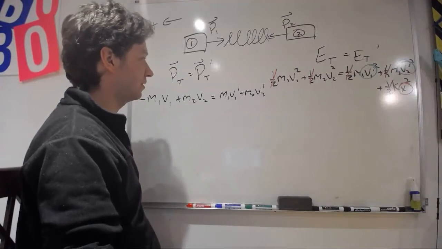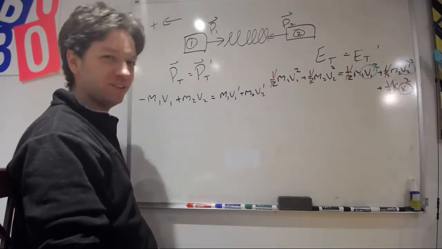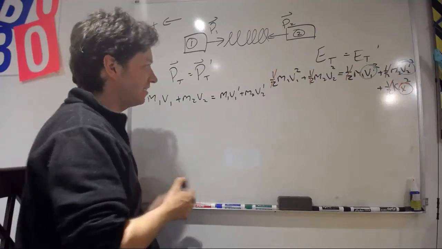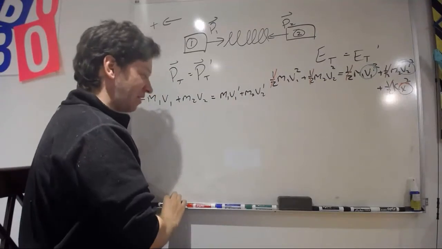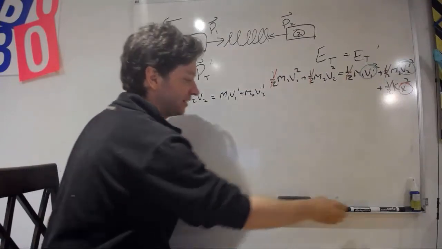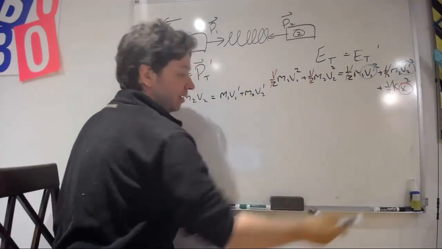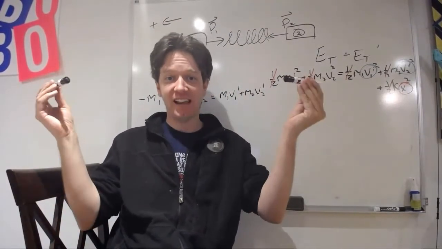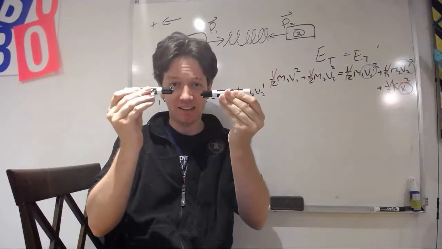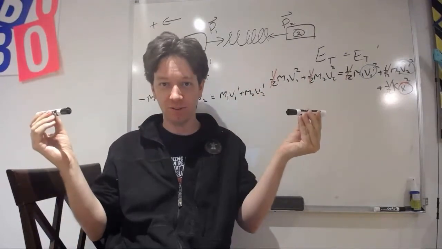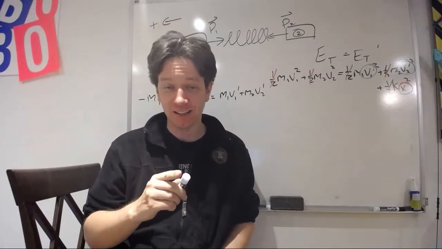What direction are they moving in? I don't know yet. Let's think about what's actually happening. And these are two unknowns. How can I solve one equation for two unknowns? So we need to think a little bit deeper about this. Now we looked at the first scenario. The first scenario was if they have the exact same momentum, they come to a complete stop and then push out. But here's the interesting thing.